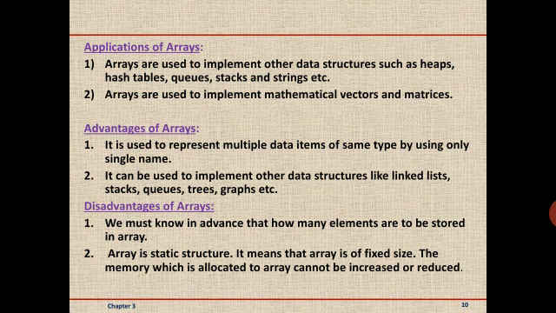That we should know in advance. The second disadvantage is that an array is static in nature. Static means it is of a fixed size. Once memory is allocated to an array, it cannot be increased nor reduced. This nature is called static nature.